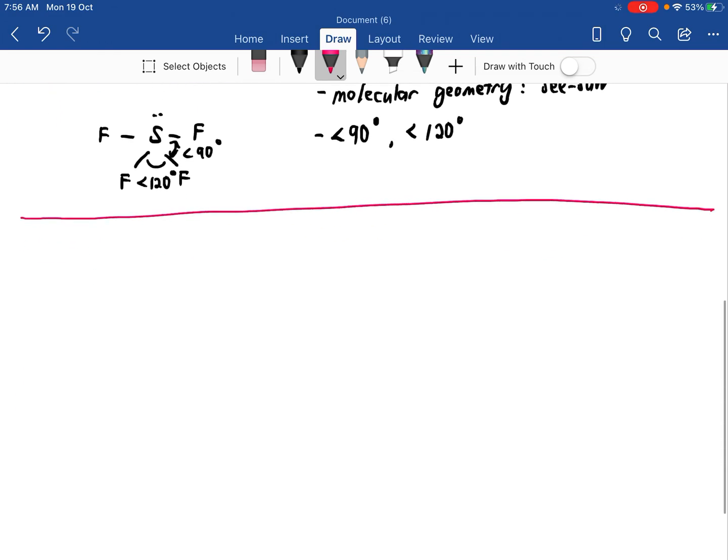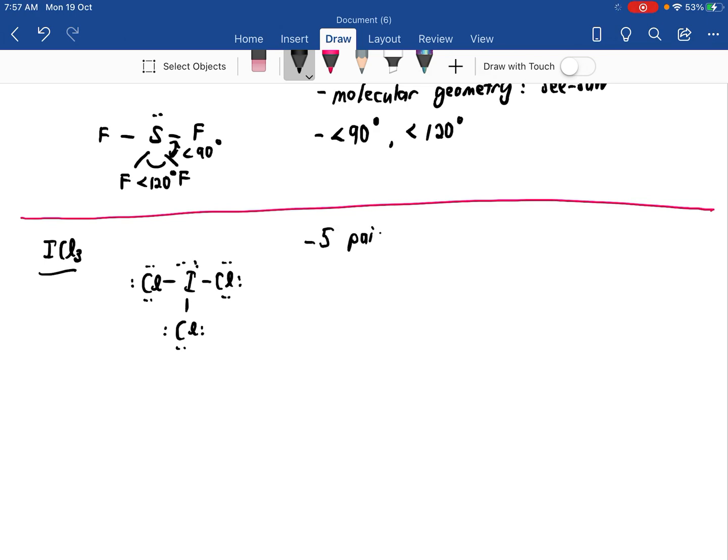Next, what I'm going to show you is ICl3. Again, the Lewis structure. Again, we have 5 pairs of electrons. However, if you look carefully, there are 3 bonding pairs and 2 lone pairs.